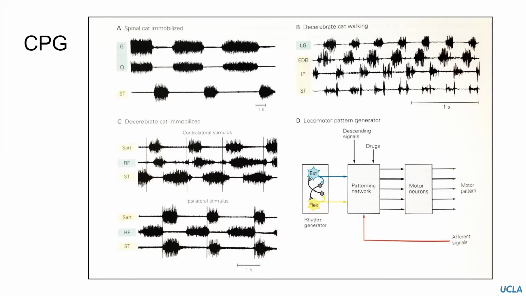So this time they thought, what if we squeeze the paw, which will give us a stimulus? Will that change what is happening in the central pattern generator? And it turns out it does.